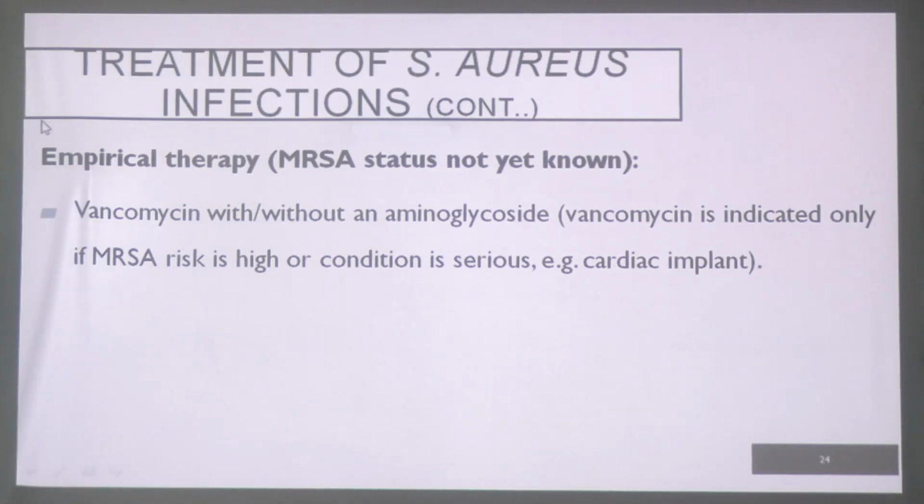So when you are starting with the antibiotic coverage, you have to think that it could be MRSA, could not be. So then you can give vancomycin with or without addition of aminoglycoside, and once it is known to you that it's MSSA, you can de-escalate the medications. And if it is MRSA, you can continue with vancomycin.